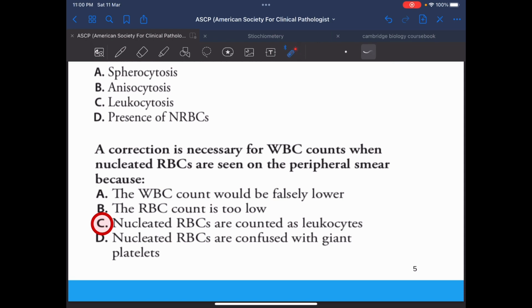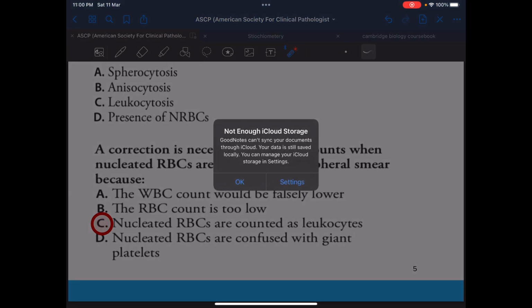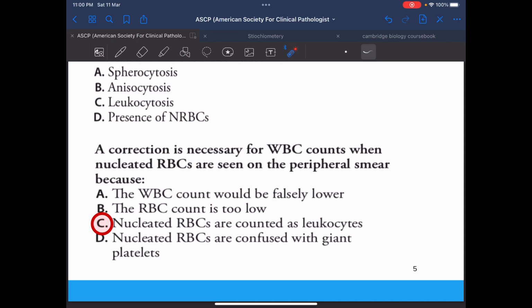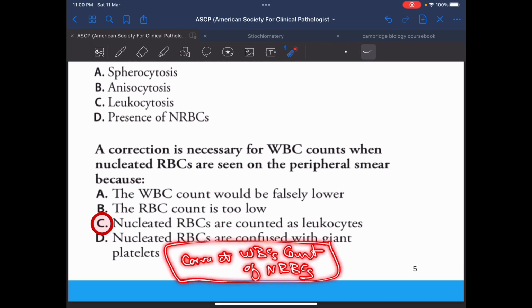But in the new updated machines, all the new machines now are able to correct the white blood cell count in the presence of nucleated RBCs. So the count that you get from the recent machines is the corrected white blood cell count.